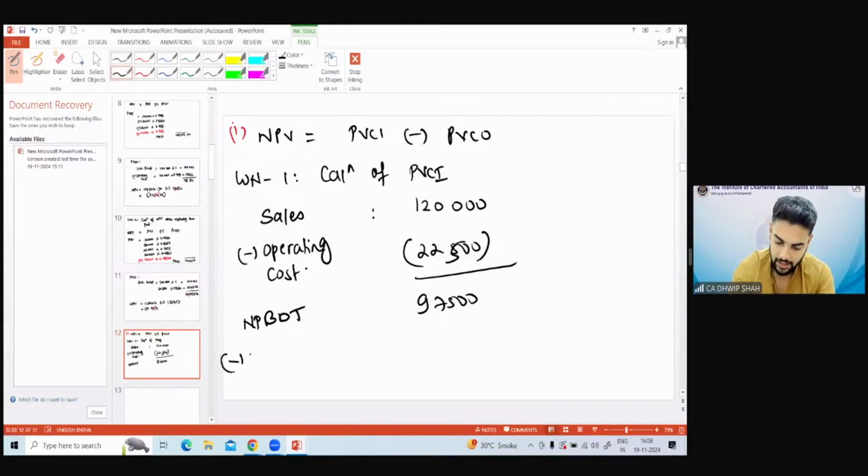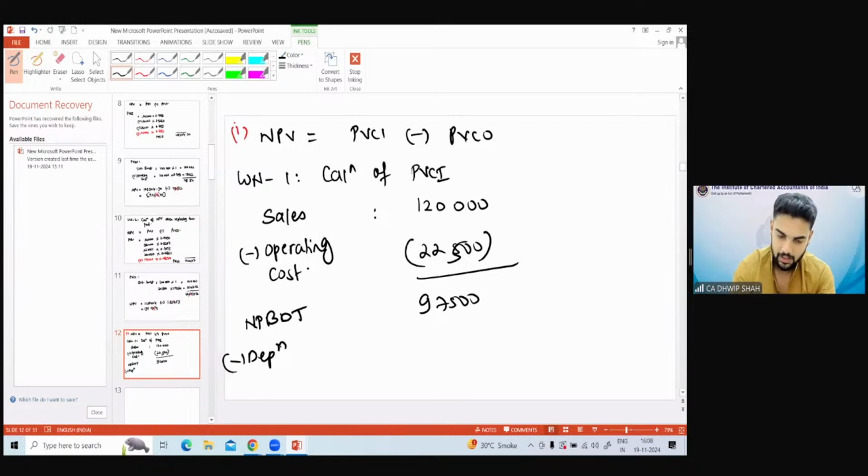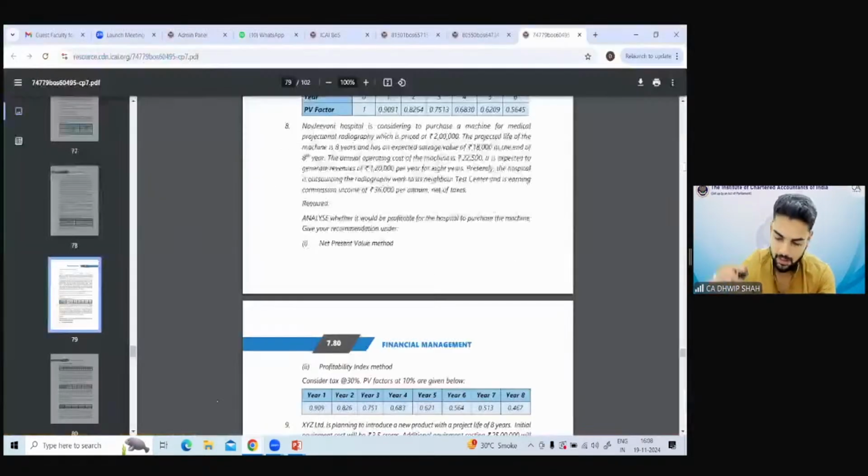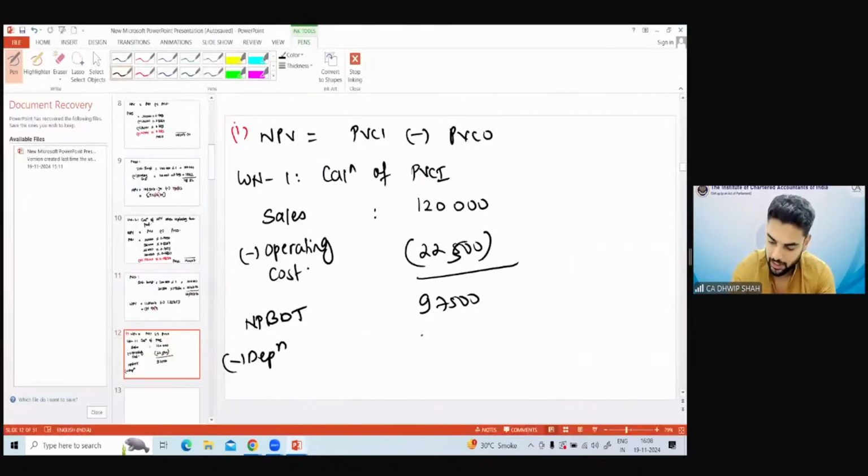97,500 less depreciation. Depreciation would be how much? It would be on SLM basis, because the method has not been specified in the question. So SLM basis depreciation would be 2 lakh of cost less salvage 18,000, divided by life of 8 years. It comes to 22,750.